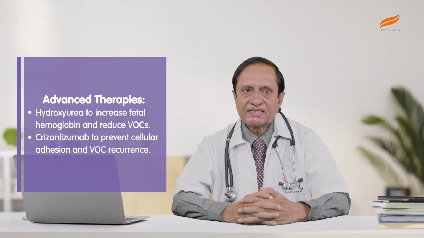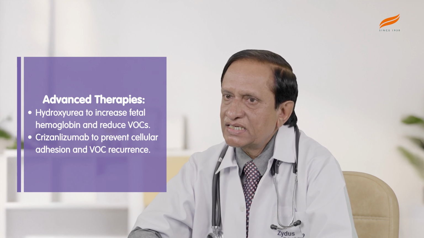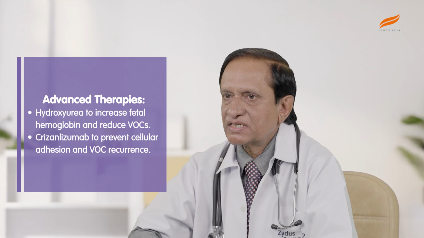Crizanlizumab. This targeted therapy is a monoclonal antibody that prevents vaso-occlusive crisis by inhibiting P-selectin mediated cellular adhesion. Administered intravenously, crizanlizumab represents an advanced treatment option that addresses the underlying mechanism of vaso-occlusive crisis by blocking sickle cell adhesion to blood vessels.